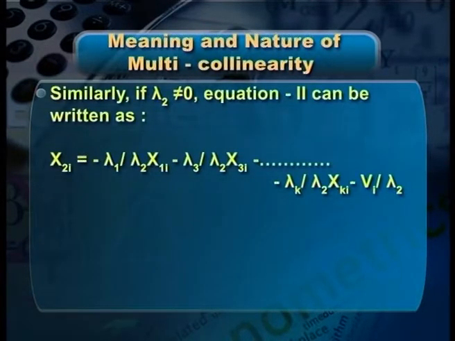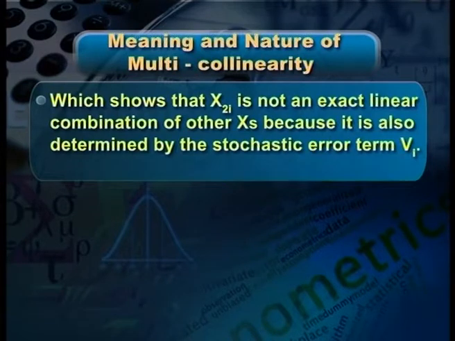Similarly, if lambda 2 is not equal to 0 as in the case of equation 2, then it can be written as x2i is equal to minus lambda 1 divided by lambda 2 x1i minus lambda 3 divided by lambda 2 x3i minus and so on minus lambda k divided by lambda 2 xki minus vi by lambda 2, which shows that x2i is not an exact linear combination of other x's because it is also determined by the stochastic error term, that is vi.